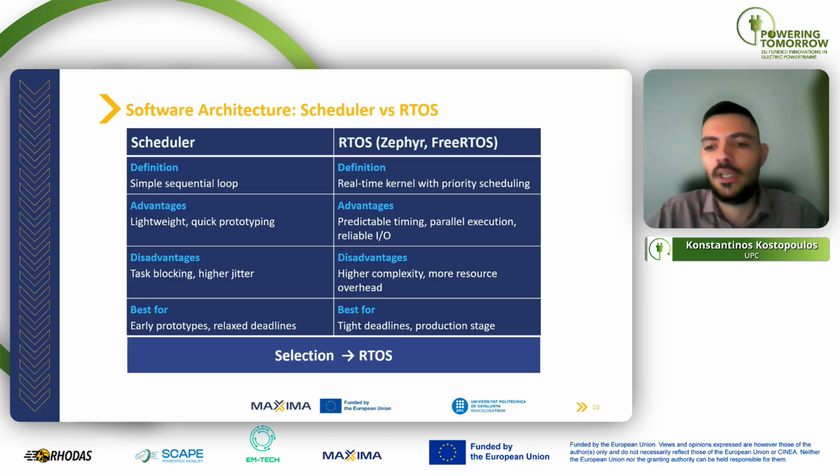or in 12 milliseconds. And this is a very big disadvantage. Then we have the real-time operating system, like Zephyr or FreeRTOS. And what is a real-time operating system? Basically, it is a real-time kernel with priority-based task scheduling.